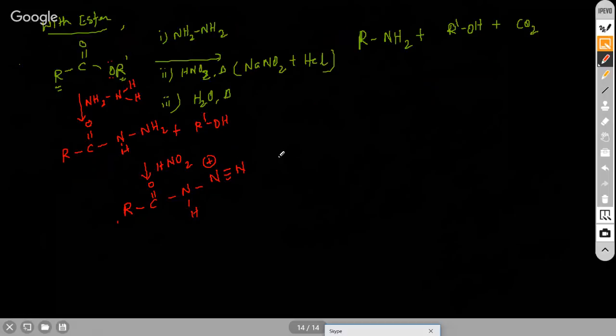In this, when you heat this, obviously N2O goes out and it forms RC double bond O, N, NH. Just a second. When it goes out, so we'll have that.